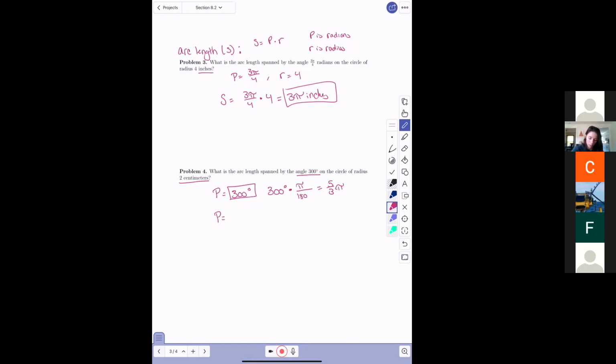So theta is equal to 5 over 3 pi. And our radius is 2 centimeters. So we have that s is equal to 5 over 3 pi times 2, which is 10 over 3 pi, which is about equal to 10.47197 centimeters. Any question there?